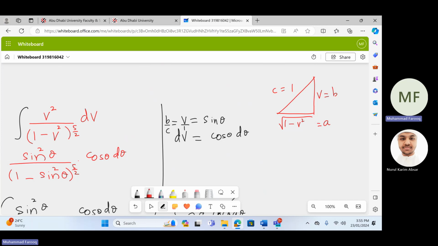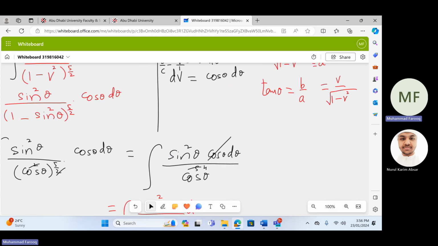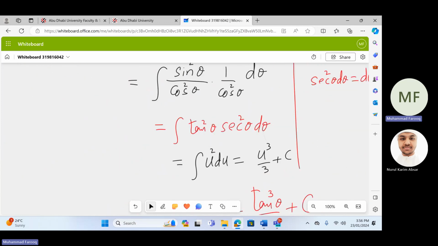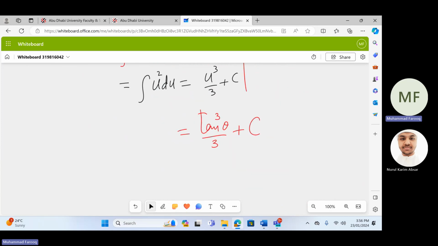Hope you understand. Now, what do we need? We need tangent. So if you have a right angle triangle, what is tangent theta value? Tan theta is B over A. So my B is V and A is square root of 1 minus V square. So please put back this value here in tangent. V over square root of 1 minus V square. So please, this is tan theta.